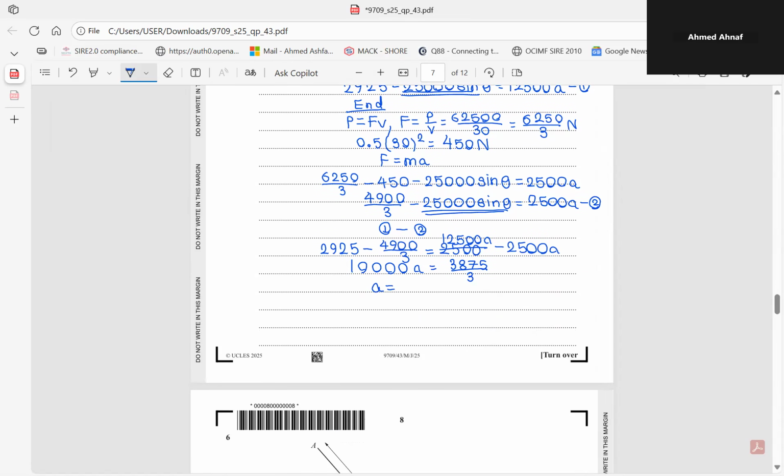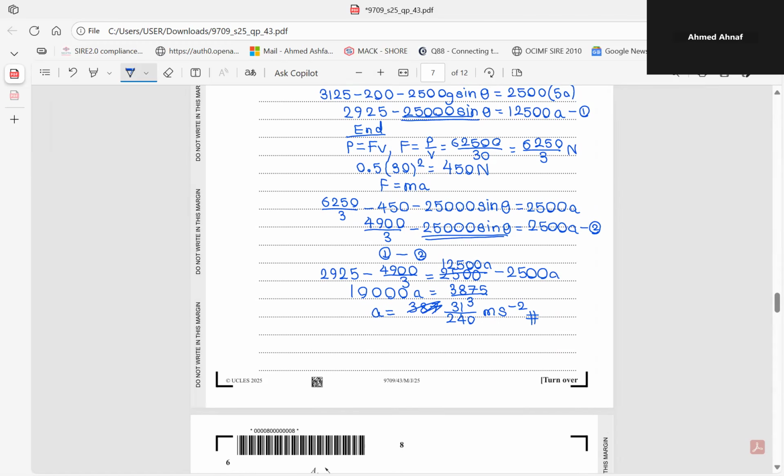So A would just be... never mind, just type it into a calculator. You'll get 31 over 240 meters per second squared. So this is our value for A.